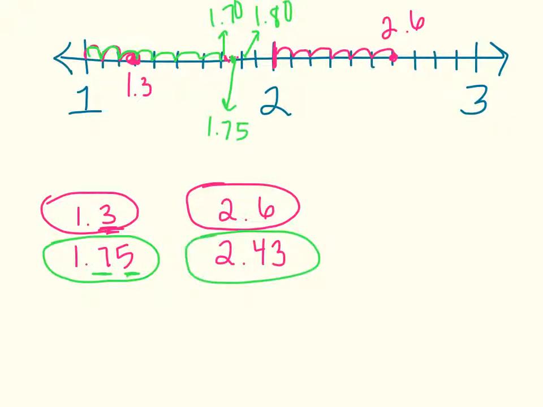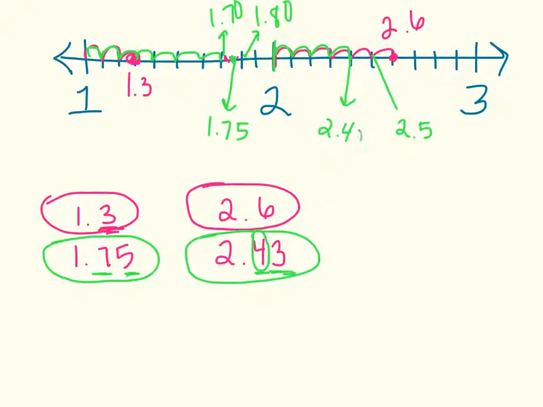My second example also uses hundredths again, but I'm going to ignore that and focus on my tenths place first. So I'm starting at the whole number 2, and the tenths says go over 4 spaces. So 1, 2, 3, 4.